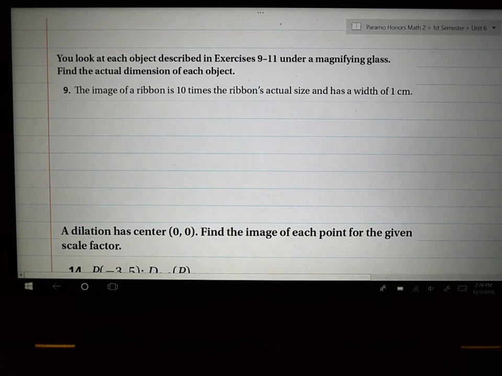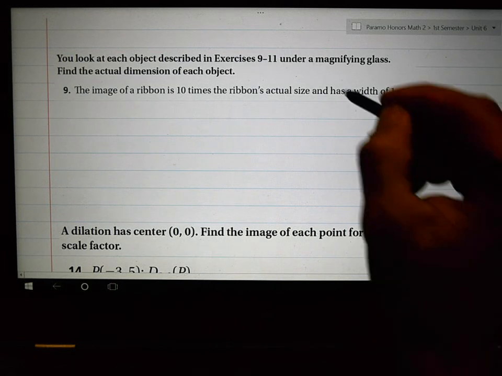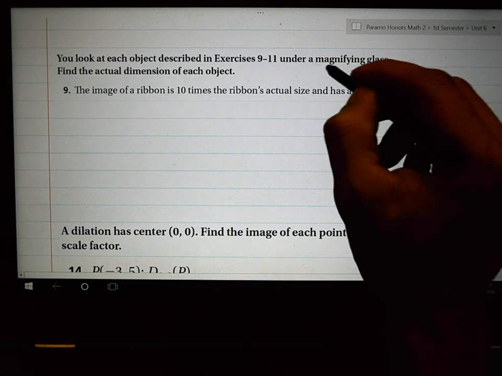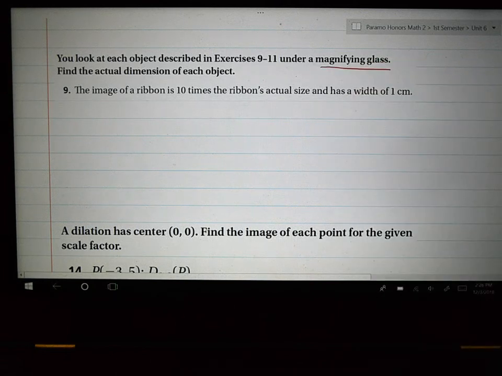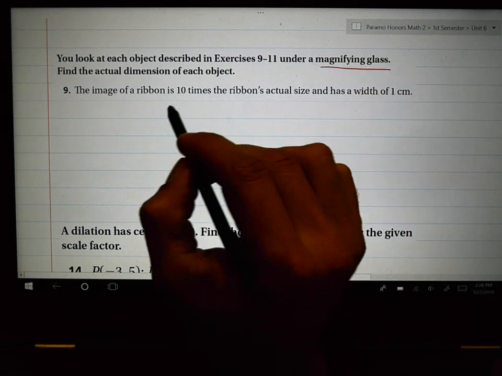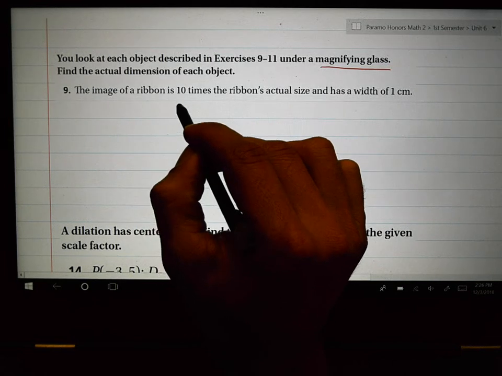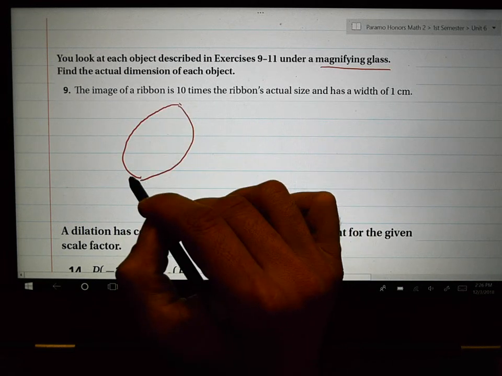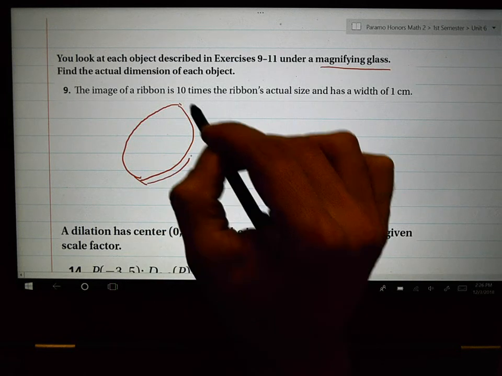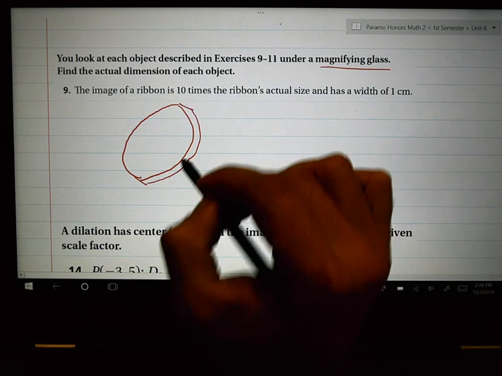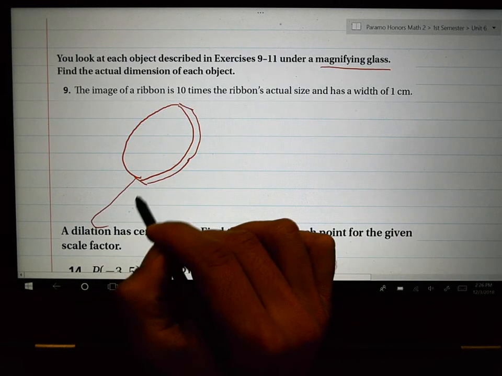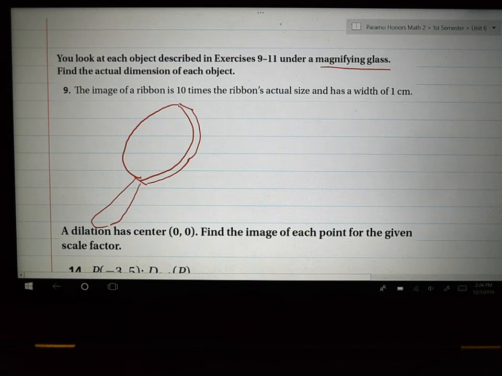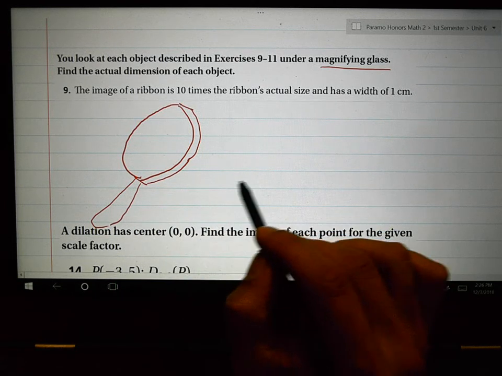Now let's get to something that's a little bit harder, a word problem. When you look at the problems for 9 through 11, remember you're looking through a magnifying glass. So I'm going to do my best job at drawing what I like to say is a magnifying glass. And in this magnifying glass, you're going to see a ribbon.